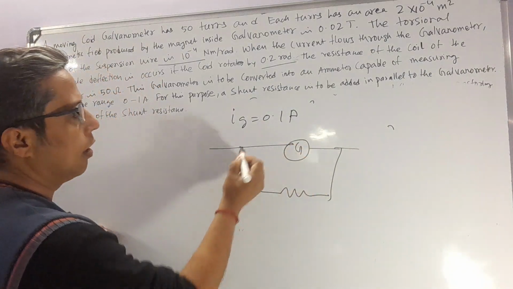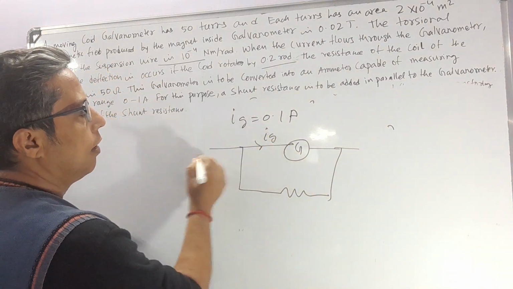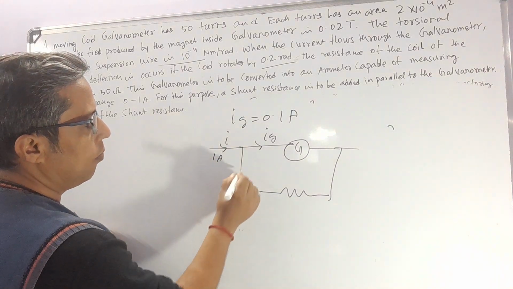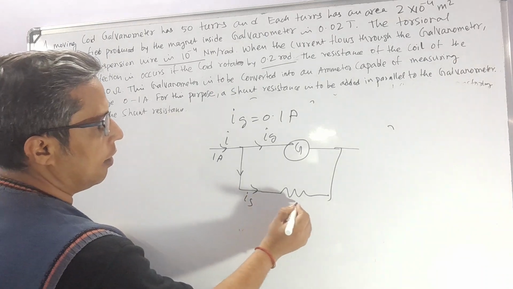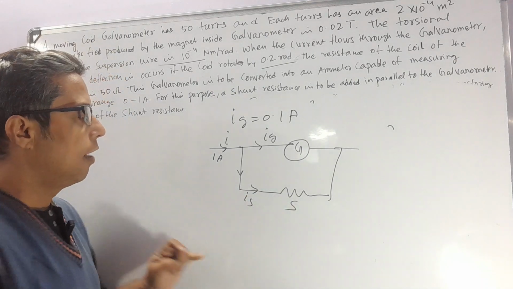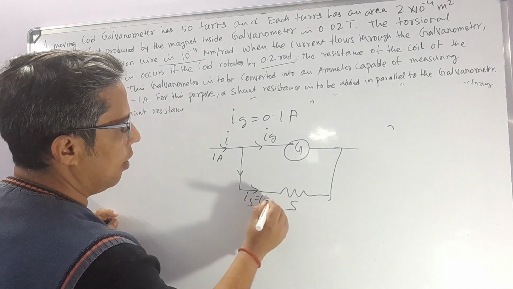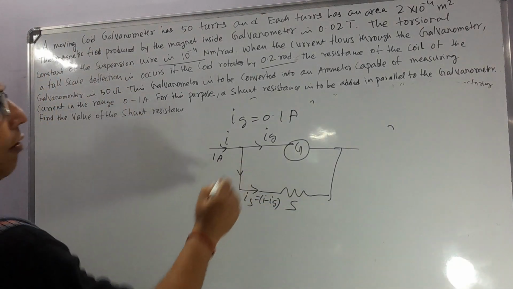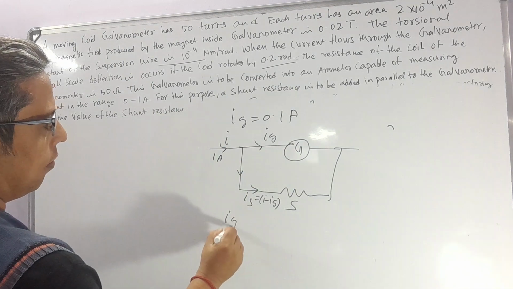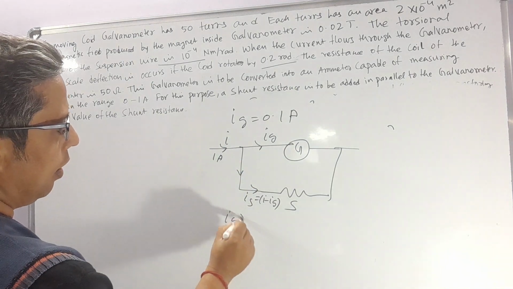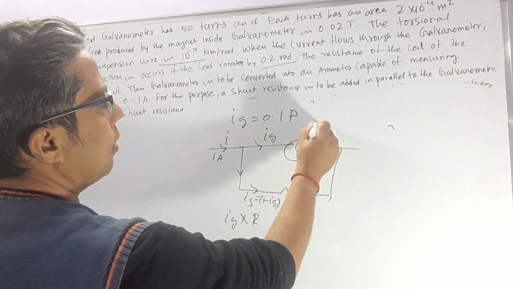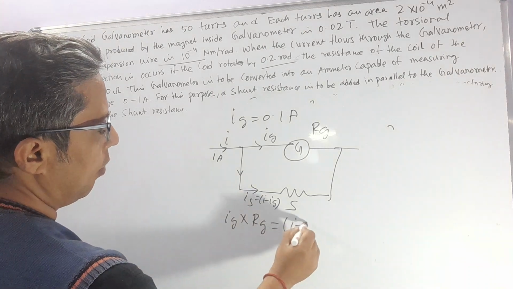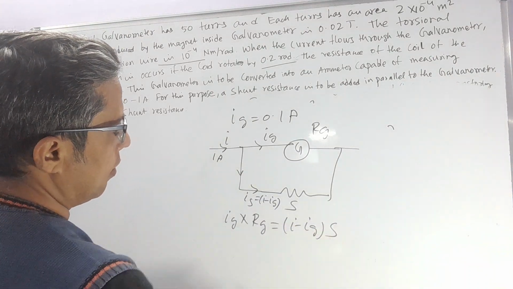This is Ig, the main current I will be max 1 ampere, and this will be Is, and this is S. So Is is I minus Ig. What will be the equation here? Ig into Rg, where Rg is the resistance of the galvanometer, is equal to I minus Ig into S.